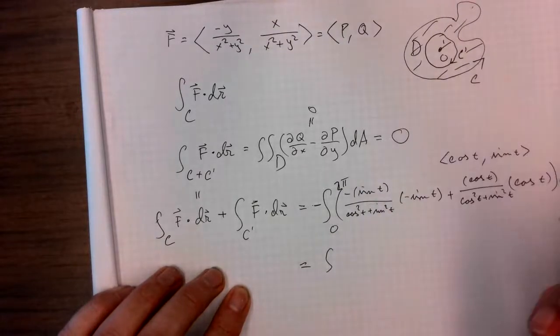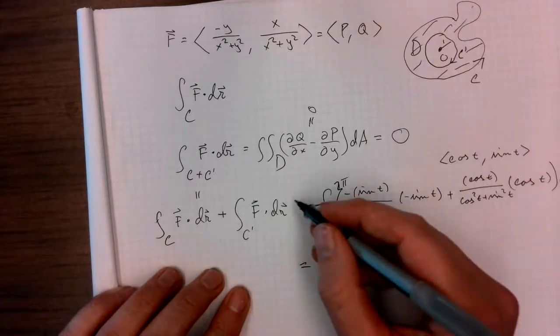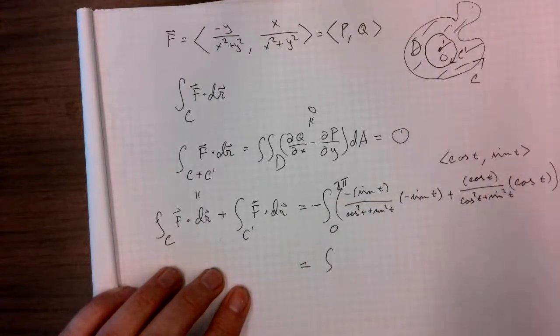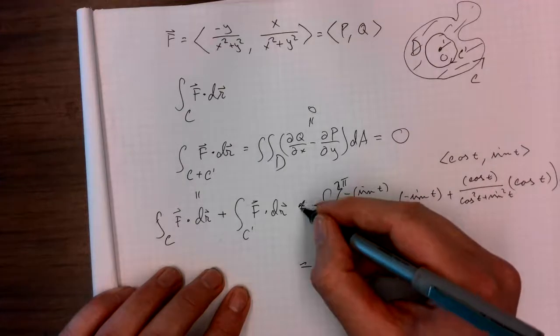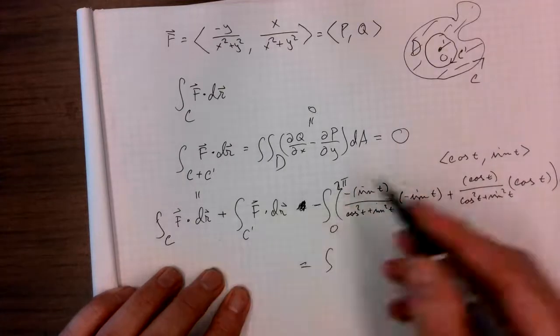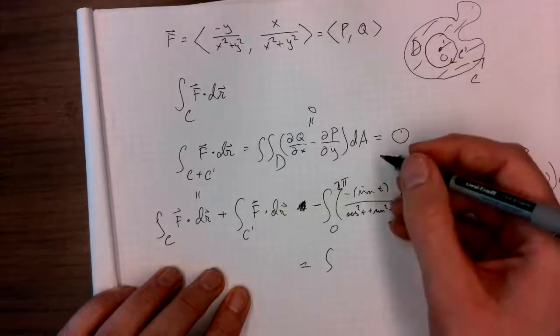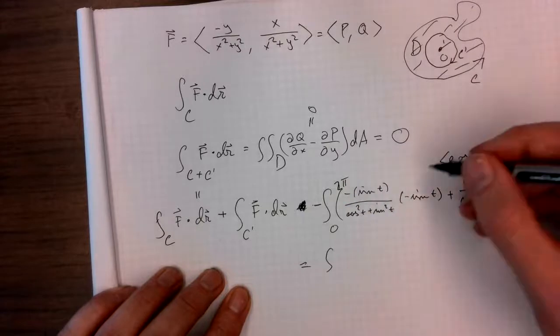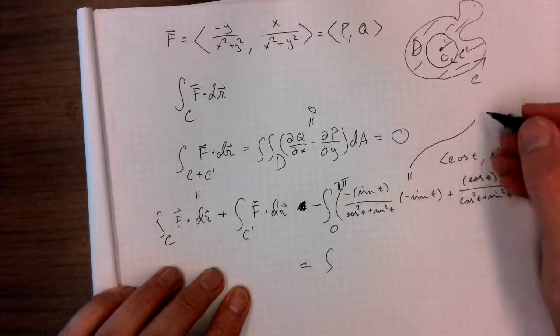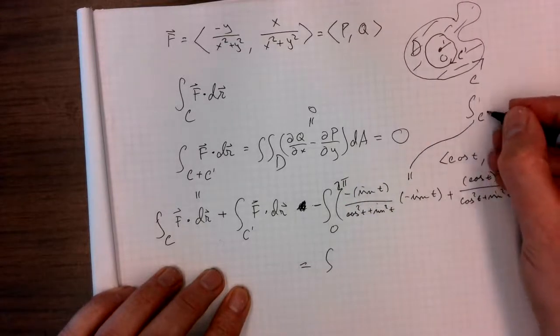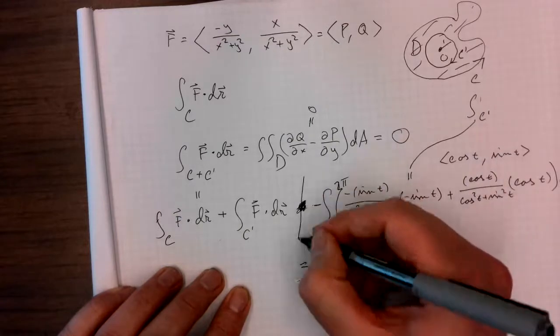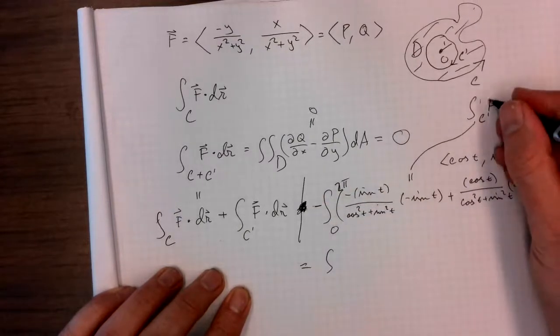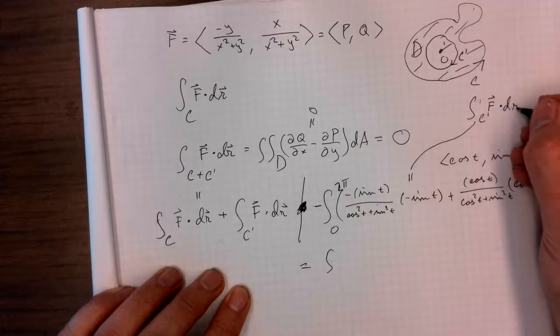Sorry, this is terrible, this is not equal, of course. What did I do over here? This is the integral of just C prime, right? I jumped ahead in my head.